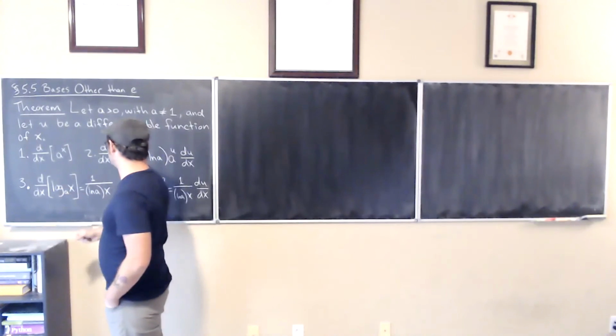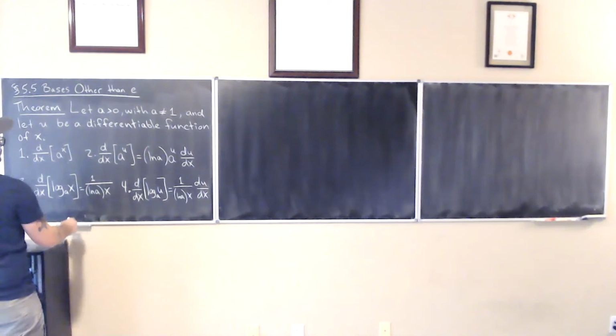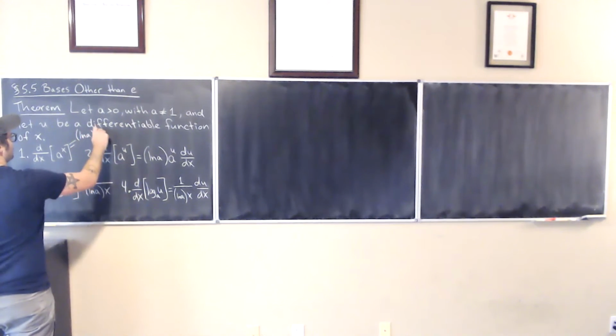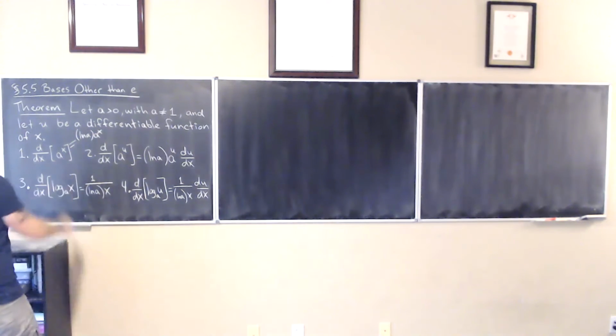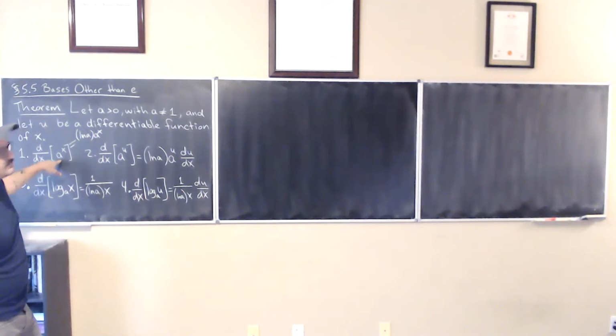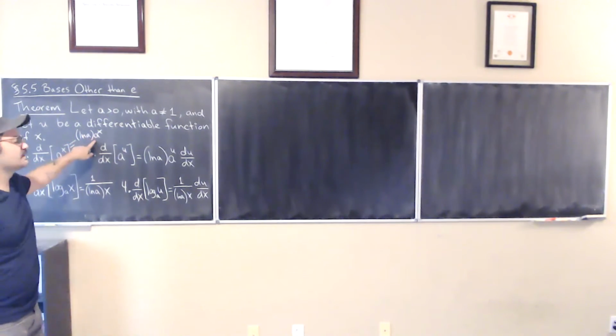Oh, I almost forgot one here. This is natural log of a times a to the power x. So the derivative of the exponential function a to the power x is natural log of a times a to the power x.